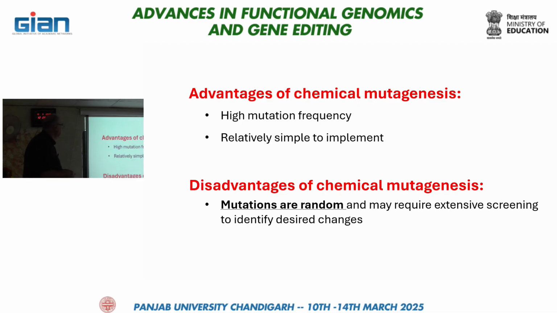Advantages of chemical mutagenesis: high mutation frequency, of course, relatively simple to implement, and cheap, because these chemicals are relatively cheap. Disadvantages: mutations are random and may require extensive screening to identify desired changes, unless you use some screening or look for some phenotypes.